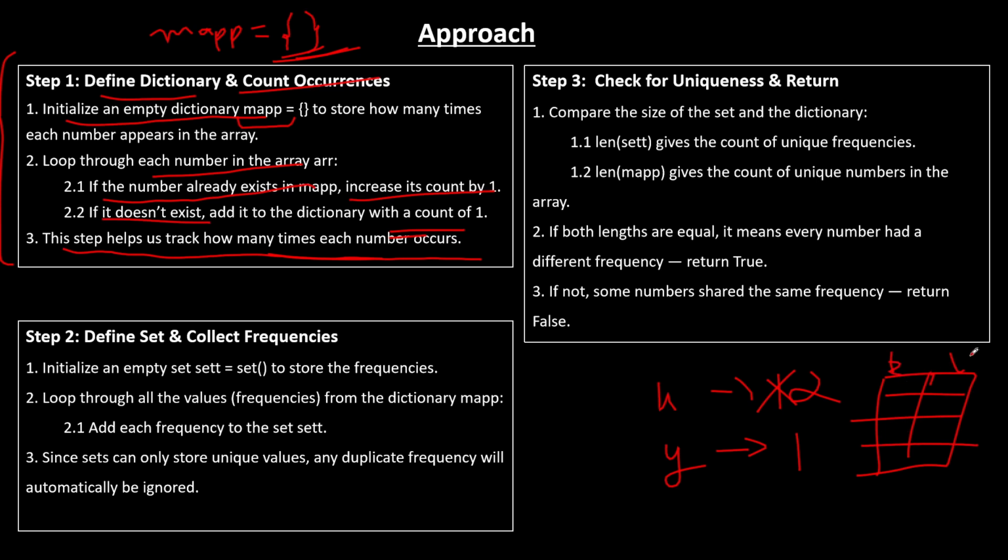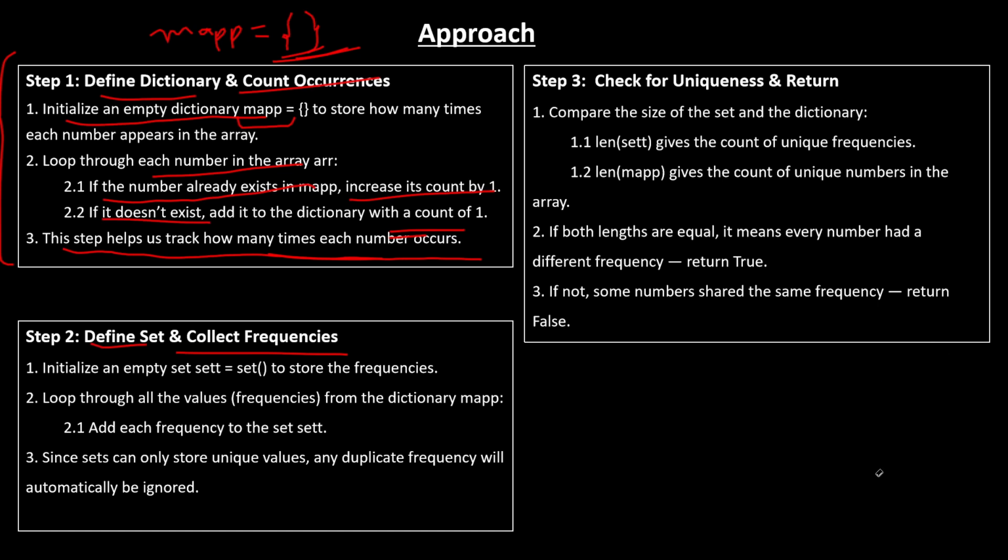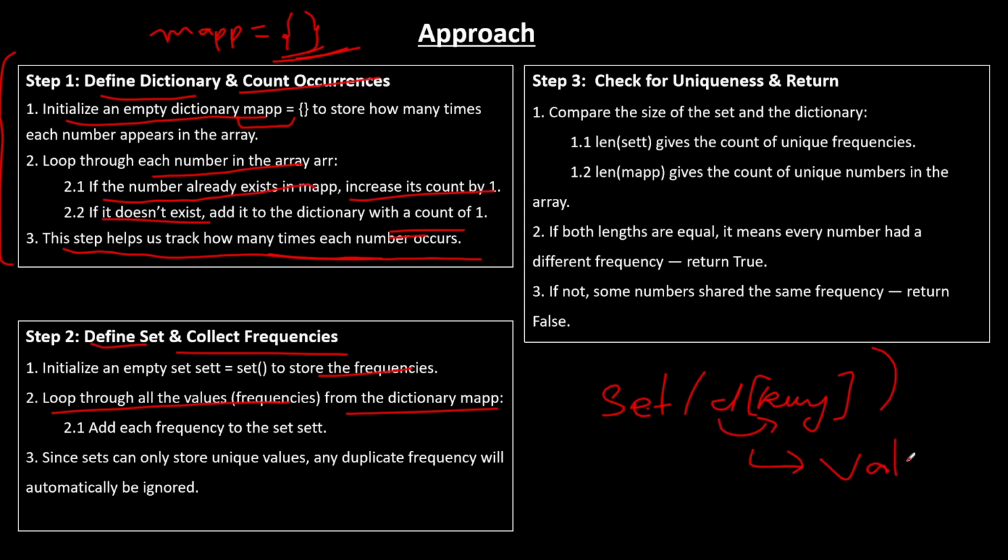Dictionary, key, and value. Now coming to defining the set and collecting the frequencies. This is the important task. We know the count. Now we have to check how many unique counts there are. So we just initialize a set. Suppose you're looping over the dictionary keys; for each key we get its value, and we put it in the set.